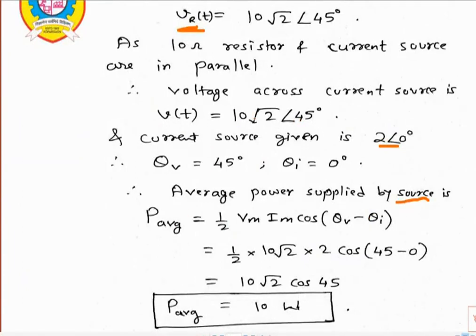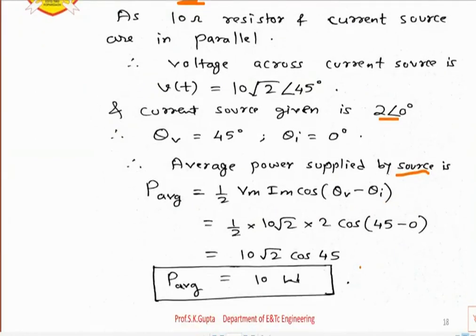Vm is 10 root 2, Im is 2, theta V is 45 degree, theta I is 0 degree. Substitute in the formula 1 by 2 Vm Im cos of theta V minus theta I. Cos 45 is 1 by root 2, so root 2 gets cancelled out. 10 watt is the average power supplied by the source.